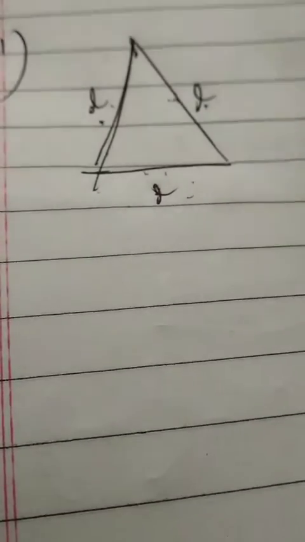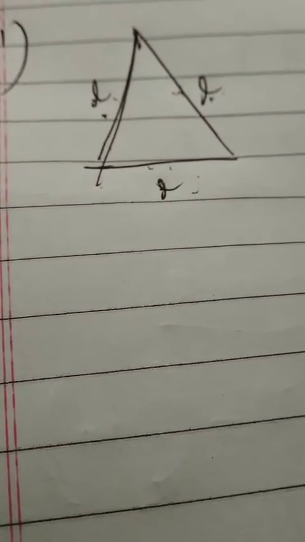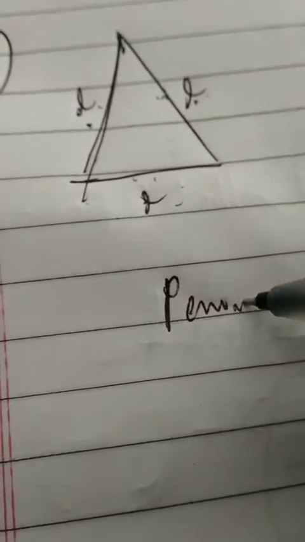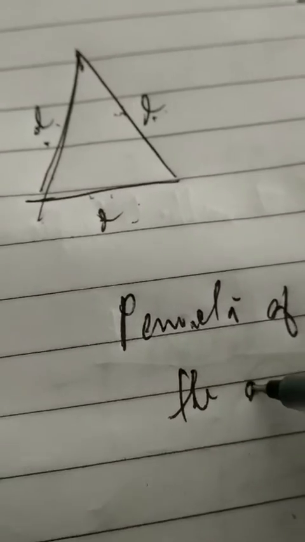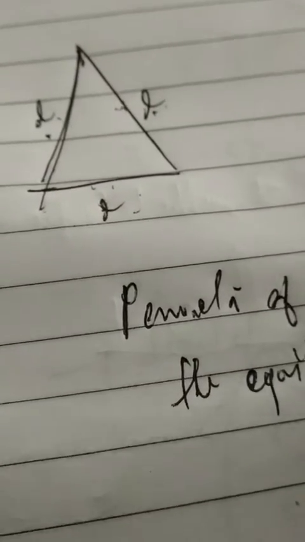Okay, so if we want to find the perimeter of such a figure, what we need to do, children? We have to simply add L 3 times, or we can multiply 3 with L directly. So here the perimeter of the equilateral triangle is equal to L plus L plus L is equal to 3L, or we could have directly multiplied L into 3 is equal to 3L.